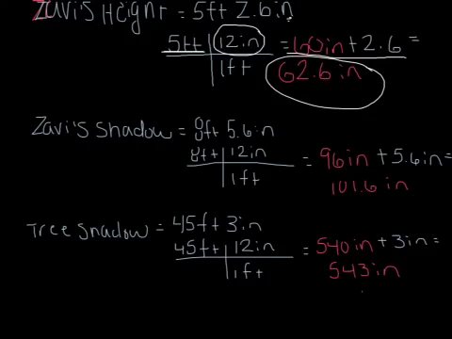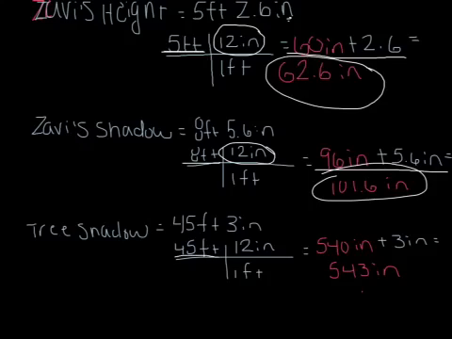For the shadow, we did a similar thing. We did 8 feet times 12, then we added the remaining 5.6 inches. Then we got 96 inches plus 5.6 inches, and we got 101.6. We did the same thing for the tree shadow. 45 feet times 12 gave us 540 inches, added the 3 inches, which gave us 543 inches.